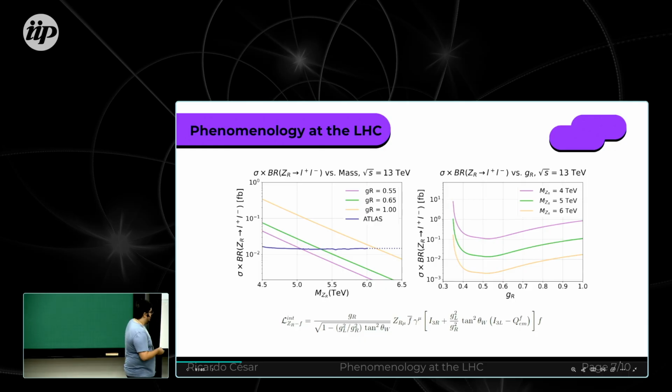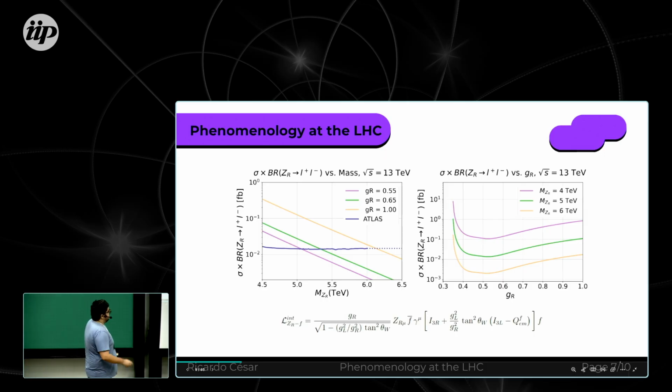The limit we are going to impose is where the simulation lines, which are the purple, the green, and the yellow line, cross the line of the ATLAS. We have a point, and to the left of this point, the model is excluded because we overproduce the channel that we are interested in, and to the right-hand side of the point of crossing, the model is not excluded.